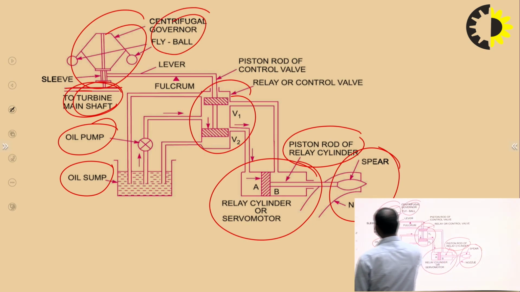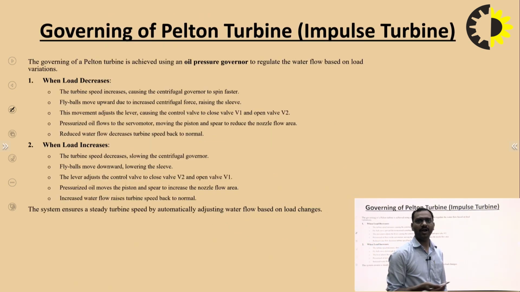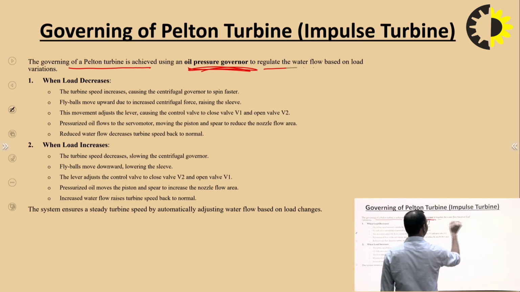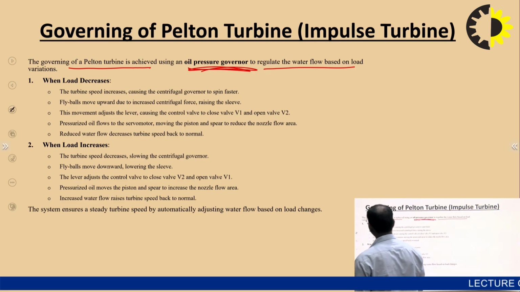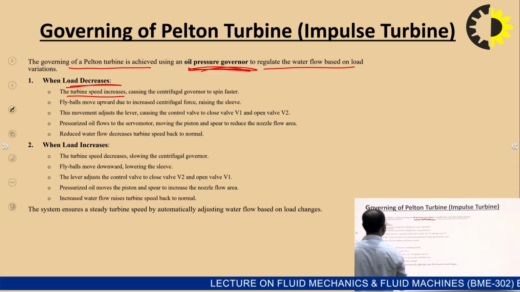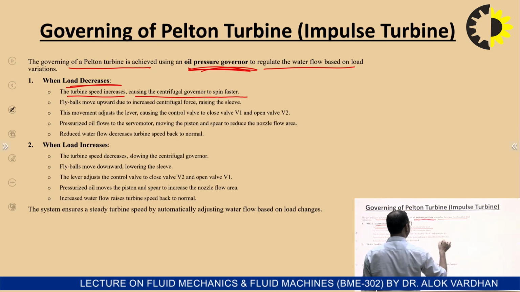So what is the working of this oil pressure governor? First of all, the governing of a Pelton turbine is achieved using an oil pressure governor to regulate the water flow based on the load variation. So first, when load decreases, in this case the turbine speed increases, causing the centrifugal governor to spin faster.